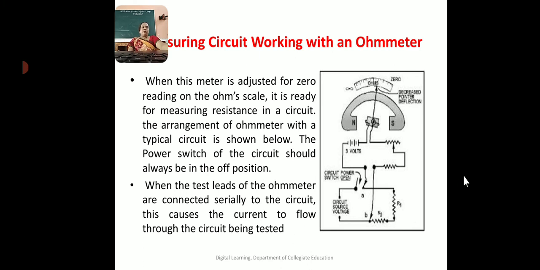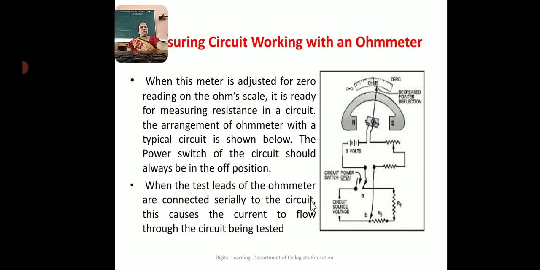The addition of R1 and R2 raises the total series resistance, decreasing the current and therefore decreasing the needle deflection. The needle then comes to rest at a scale reading indicating the combined resistance of R1 and R2.